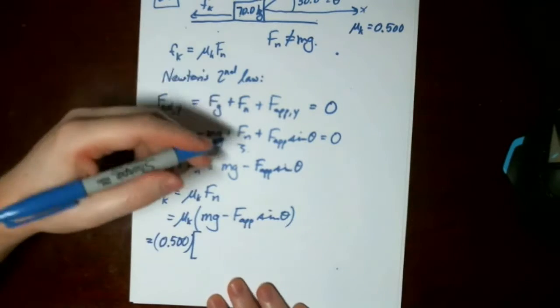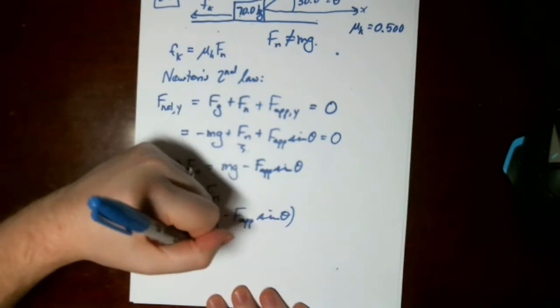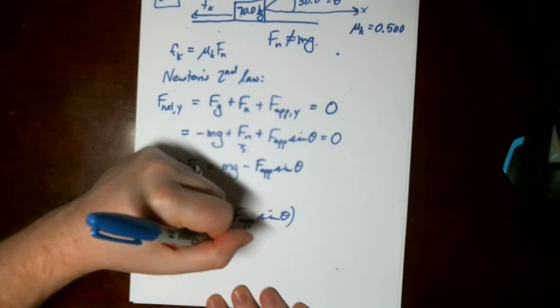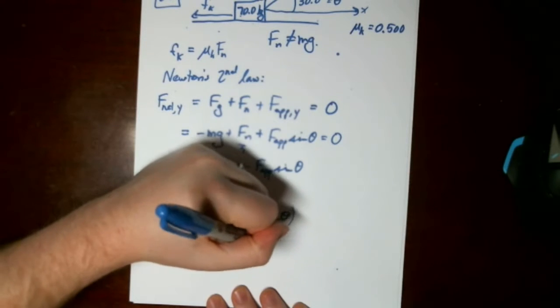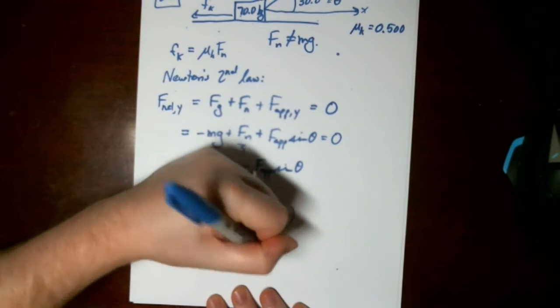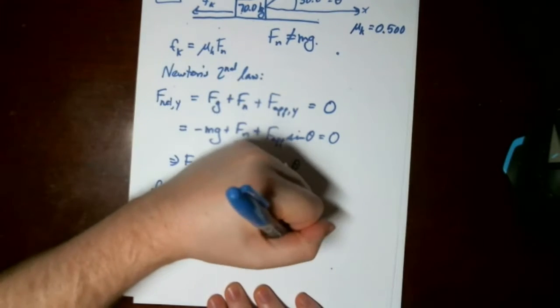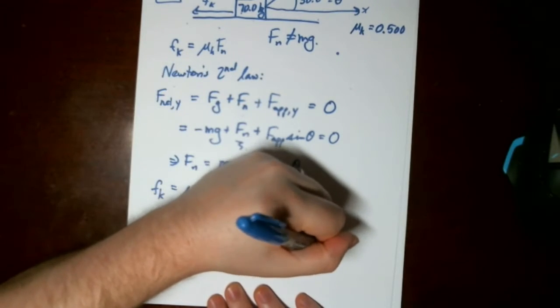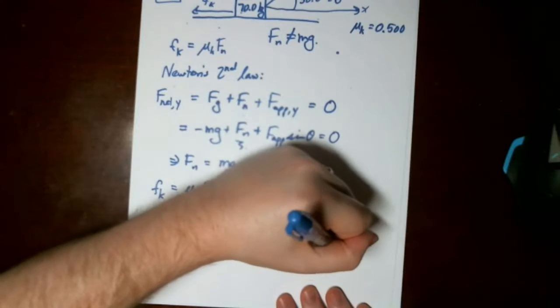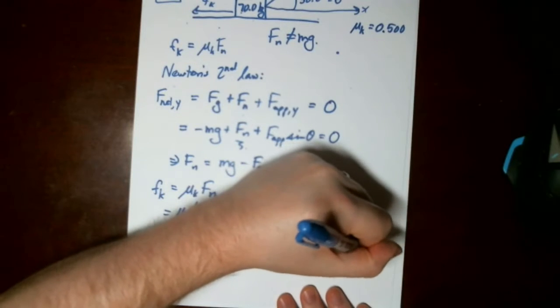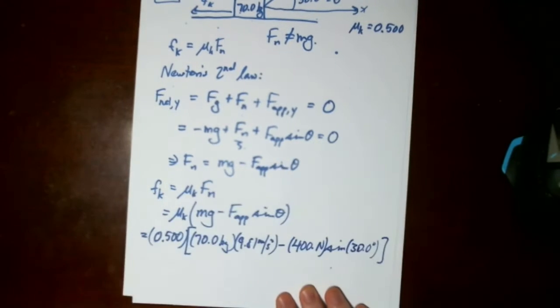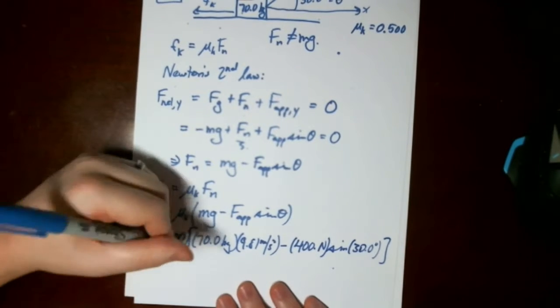I'll use square brackets so you can see the nesting of the parentheses, but we have our 70 kilogram box times our 9.81 meters per second squared. Then we have our 400 Newton applied force times the sine of 30 degrees, and all that inside those square brackets.